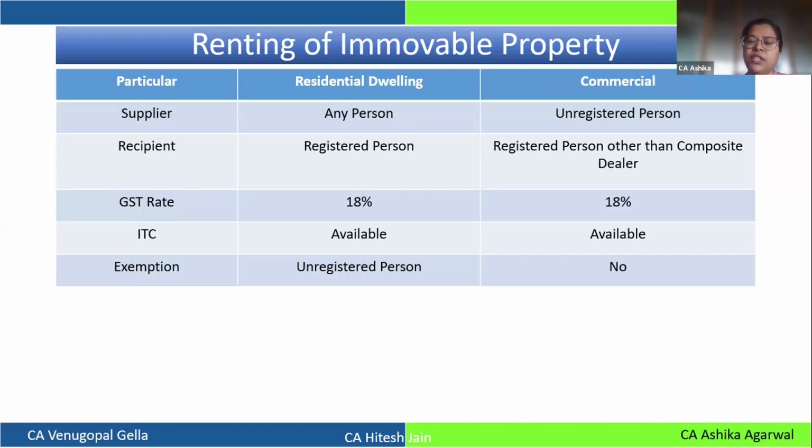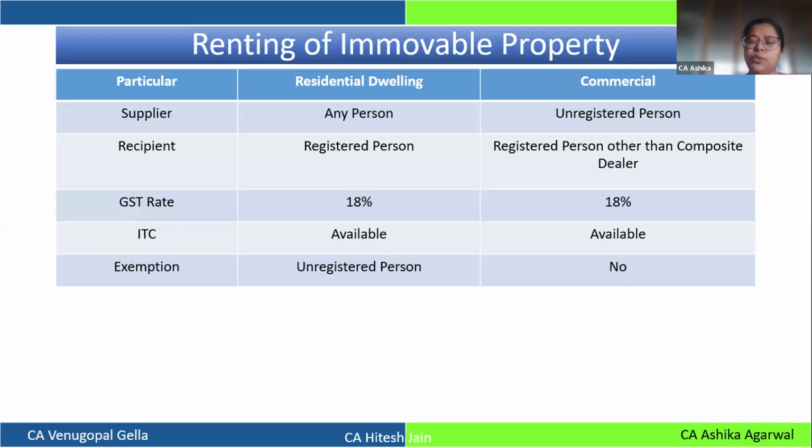But when it comes to residential dwelling, as there is a specific exemption under GST, when residential dwelling used for residential purpose is specifically exempted. That's the reason they have used the word any person under the supplier head. But when it comes to recipient on residential dwelling, they have limited the RCM liability to registered person.